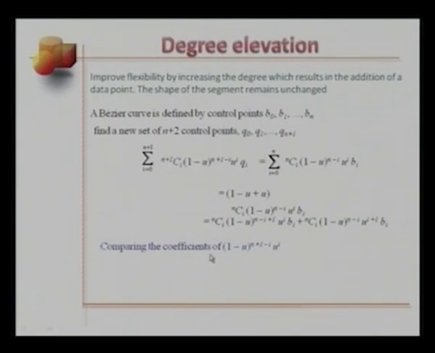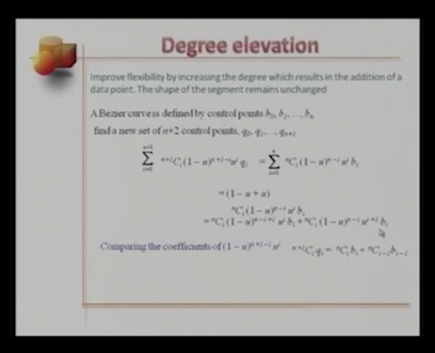So what is the coefficient of (1 minus u) raised to n plus 1 minus i times u^i in this expression? That is q sub i times n plus 1 combination i. From here, it is n combination i times b sub i, which is this term here.